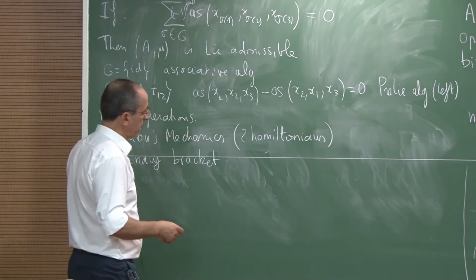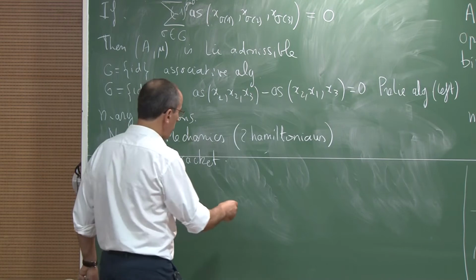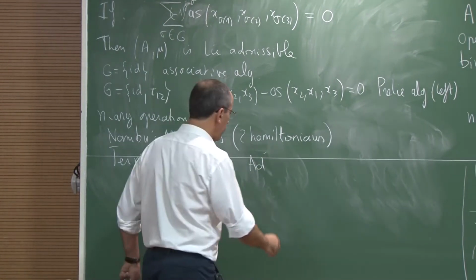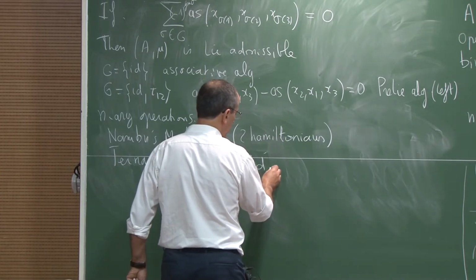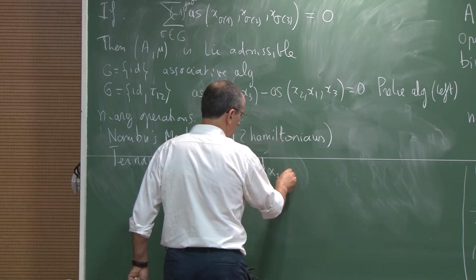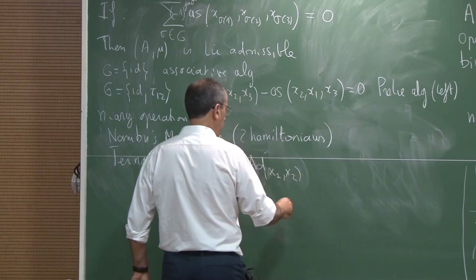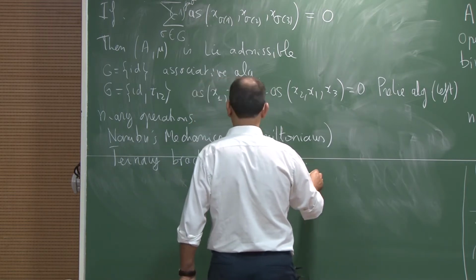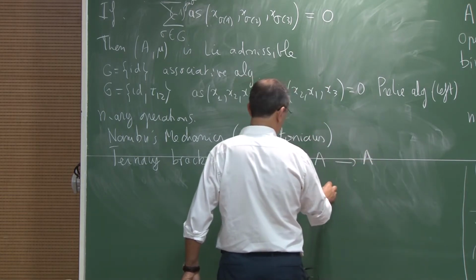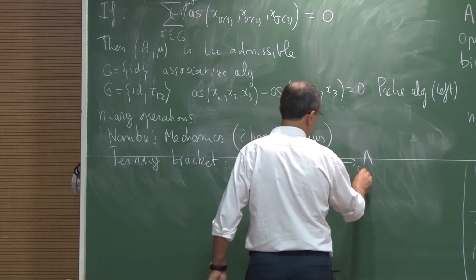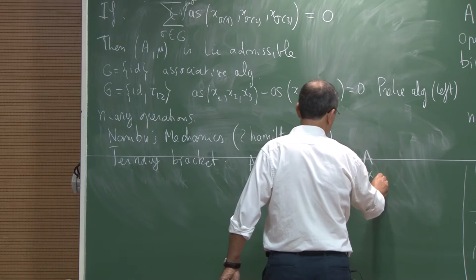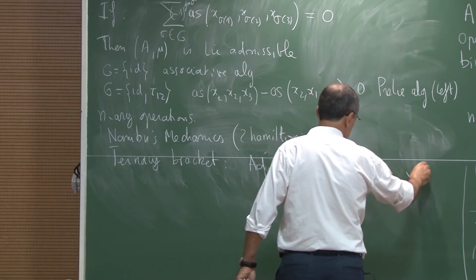Usually the adjoint is a map. For example, here we fix 2 elements, x1 and x2, and the adjoint is a map from A to A, going to an element y. We associate, since you have a ternary bracket, x1, x2, y.